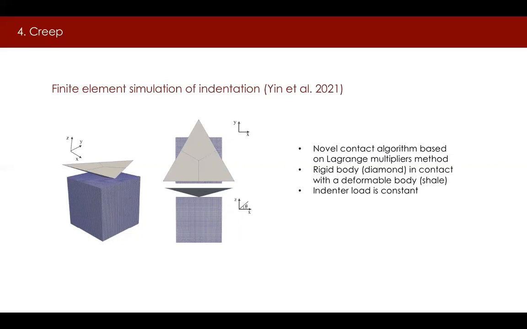We use the Lagrange multipliers method for the contact problem, in which the indenter is represented by a 1 degree of freedom system. We should also emphasize that creep occurs at a sustained load, so a Neumann boundary condition must be imposed on the indenter, not a Dirichlet boundary condition.